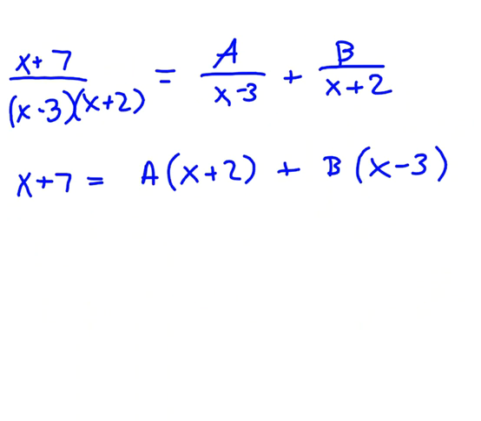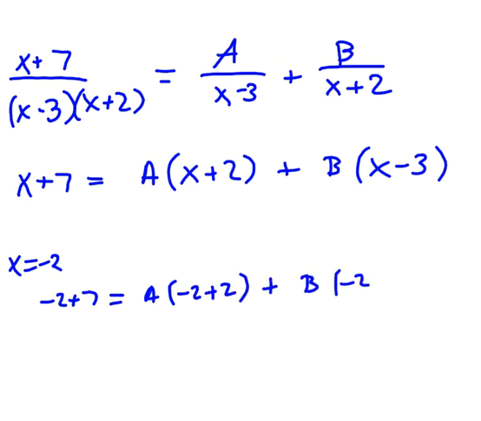But because there are values that'll make the quantity x plus 2 0, like if I plug in x is equal to negative 2, I get negative 2 plus 7 on the left-hand side. And on this side, I'm going to get a times negative 2 plus 2. That's 0. So it's going to actually eliminate a. So I'll have 0a minus 5b is equal to 5.